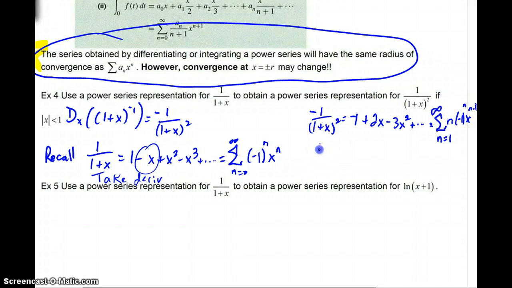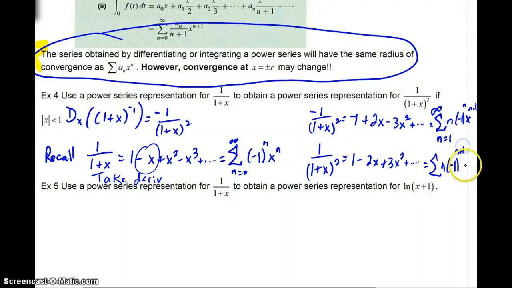If you'd like to finish this up and get the proper form, multiply both sides by negative 1. As you do that, your negative 1 gets multiplied even inside of sigma. So now this would become negative 1 to the n plus 1.